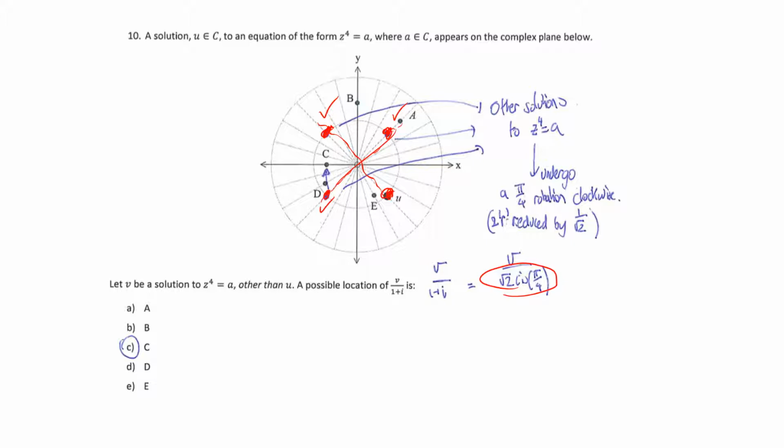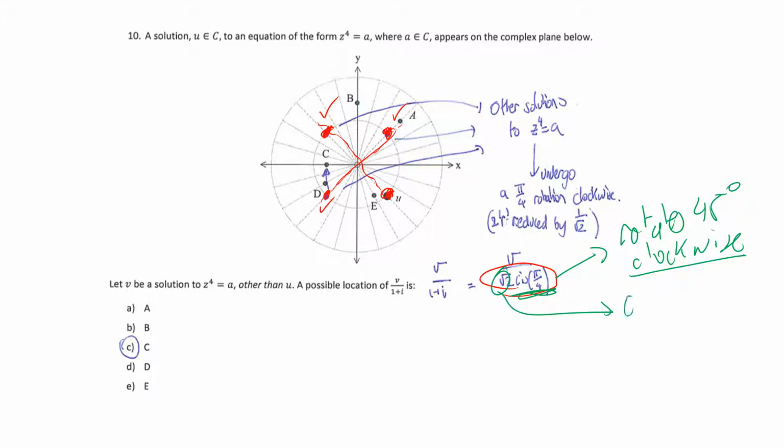Let me just highlight that. That's what the cis part does, it rotates 45 degrees clockwise because we're dividing, not anti-clockwise, as would be the case with multiplying. And the root 2 part means it'll be closer to the origin.